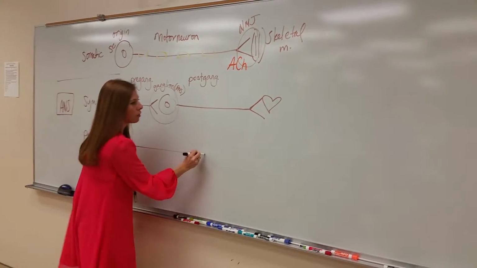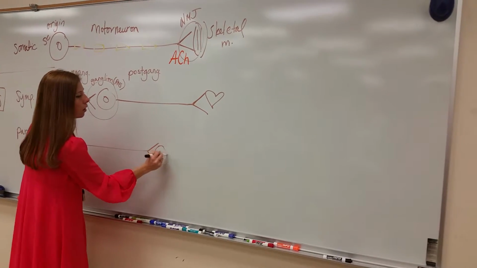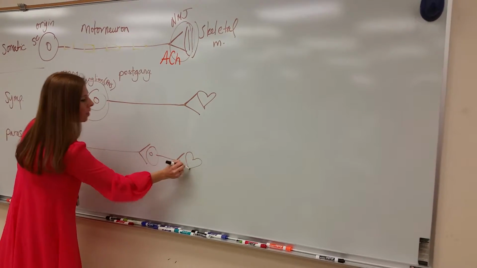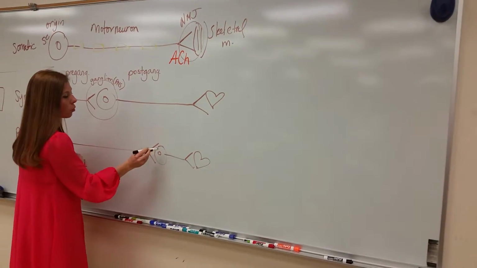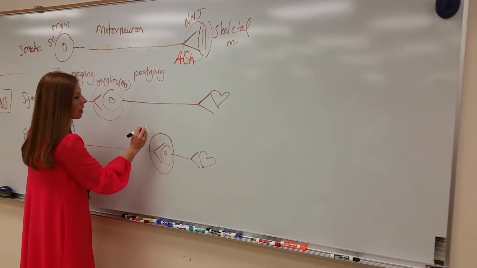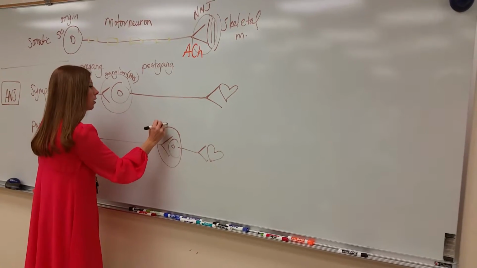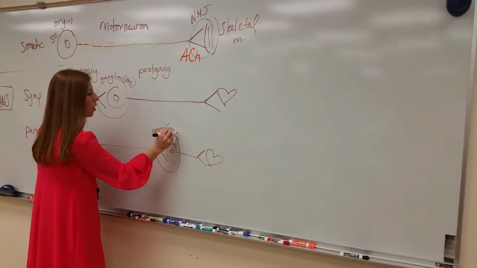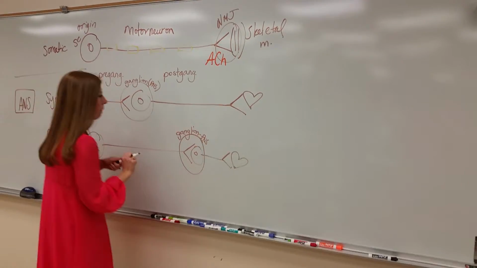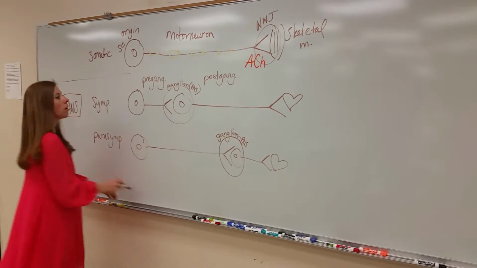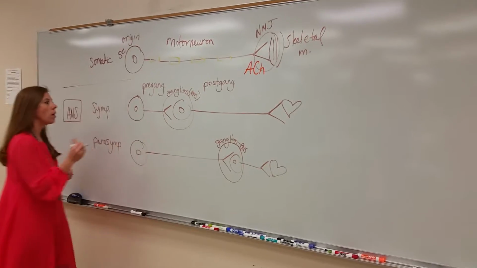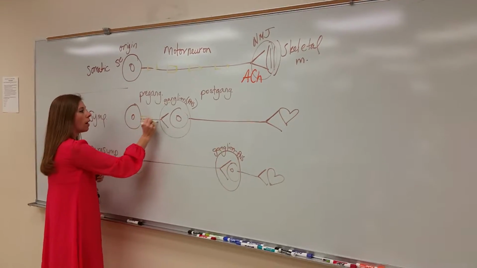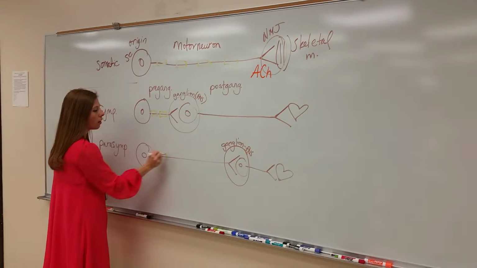The length is different, but it still targets the gland or organ and still synapses at the ganglion, part of the peripheral nervous system. The preganglionic neuron is always myelinated, and the postganglionic is always not myelinated.